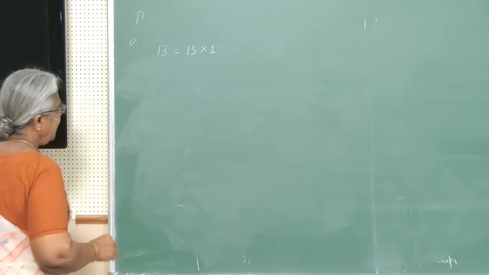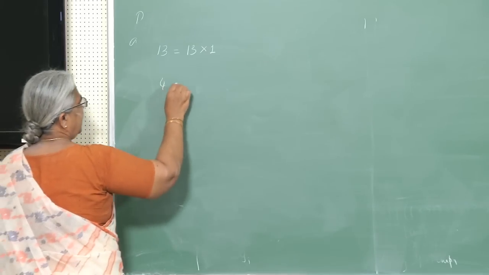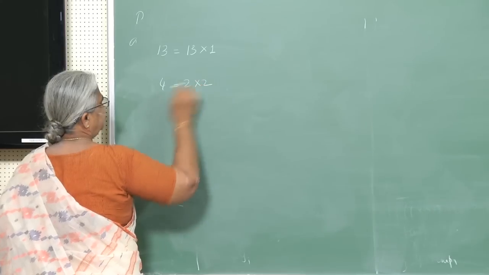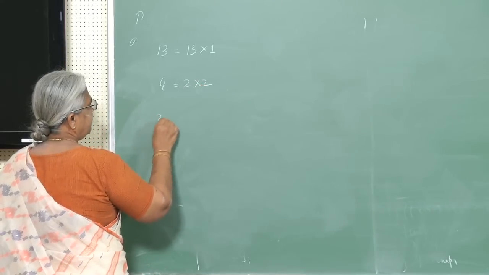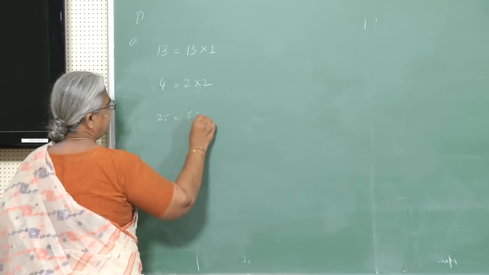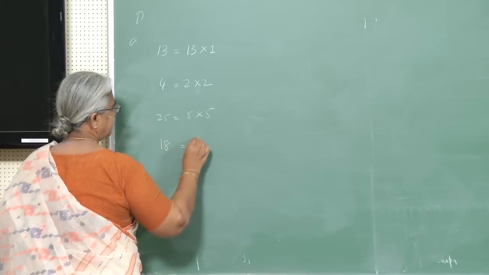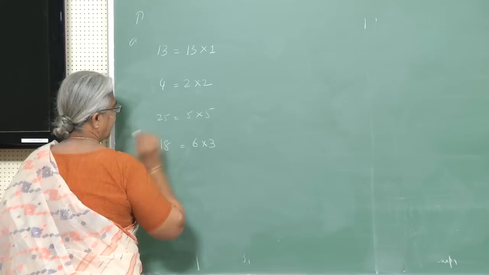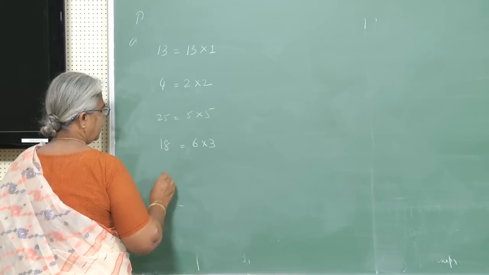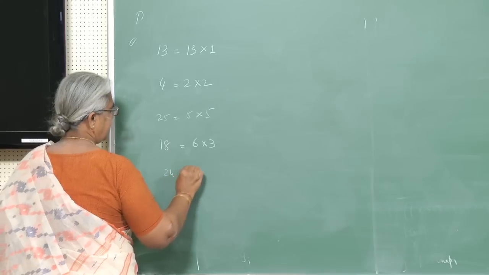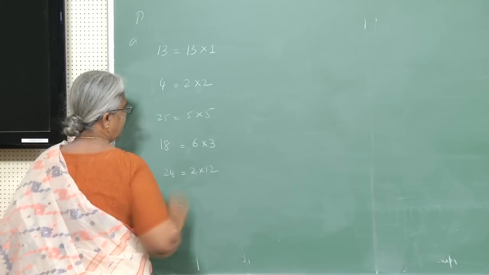On the other hand, if I take a number like 4, its factors are 2 and 2. If I take a number like 25, its factors are 5 and 5. Let us take 18, its factors are 6 and 3. And let us take 24, its factors are 2 and 12.